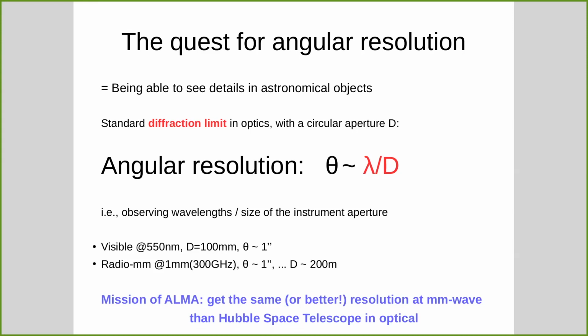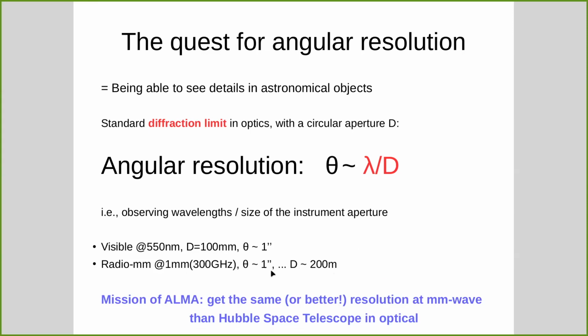If I take one example in the visible, if you have a small telescope of 10 centimeters, then you can have a resolution of 1 arcsecond, and that gives you, for example, a nice detail on the moon. But if you would like to have the same resolution in the radio, for example at 1 millimeter, which corresponds to 300 gigahertz, you will need an instrument with an aperture of 200 meters.